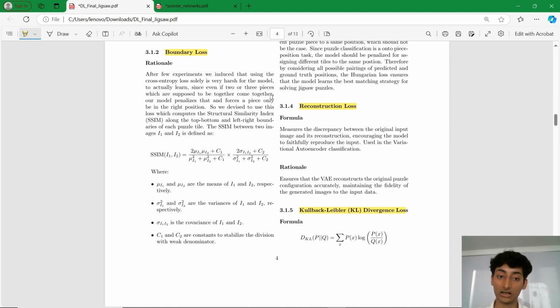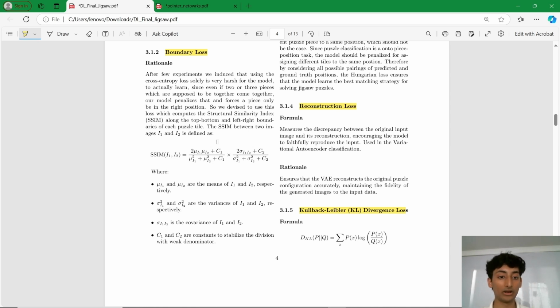Even if 2 or 3 pieces which are supposed to be together come together, the model penalizes that and forces a piece to be only in the right position. So we devised this loss, which computes the structural similarity index, SSIM for short, along the top, bottom, and left-right boundaries for each puzzle type. So for a given puzzle type, you calculate SSIM for each boundary that it has.